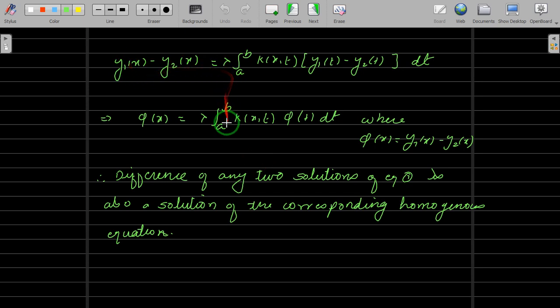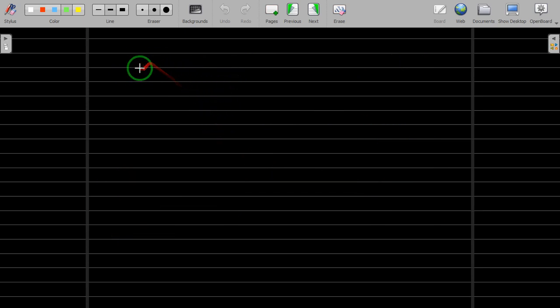So with these lemmas, what we have proved is this theorem called the Fredholm alternative theorem. The proof of this is done with lemmas, so you can write the proof on your own.